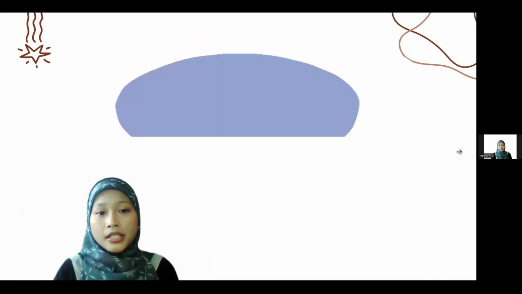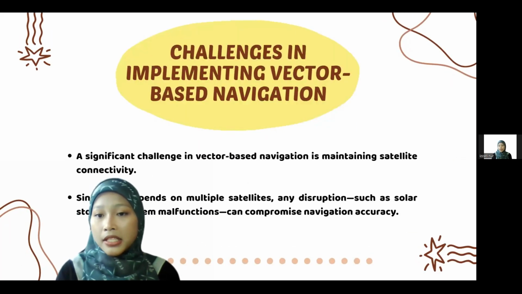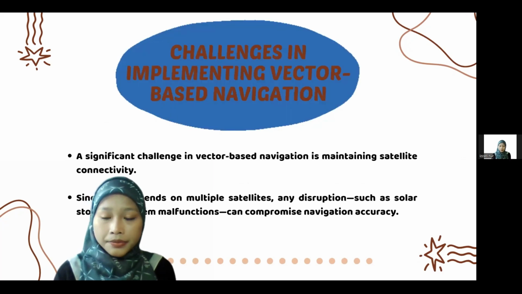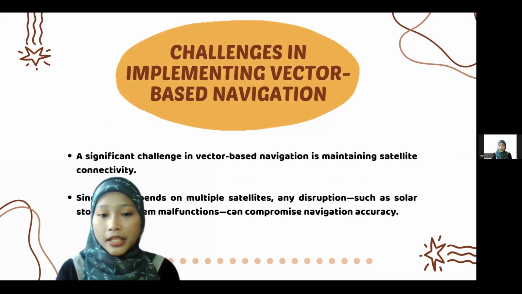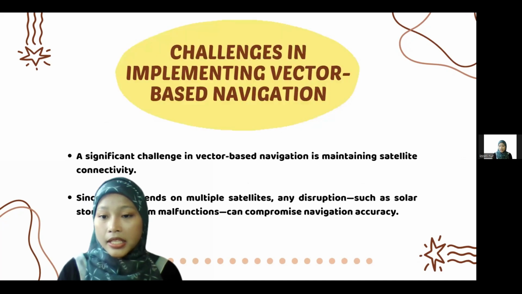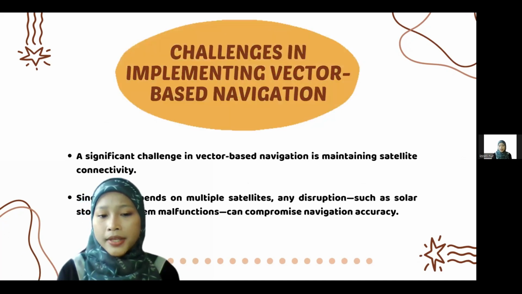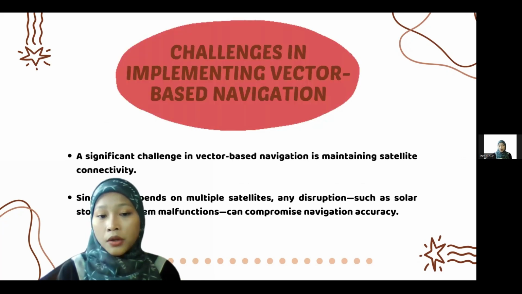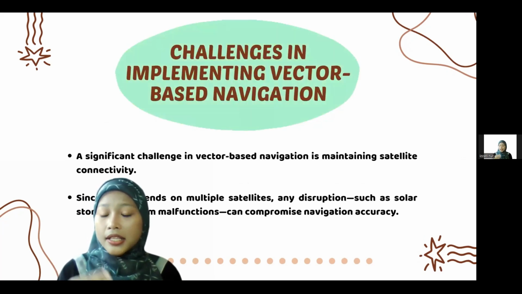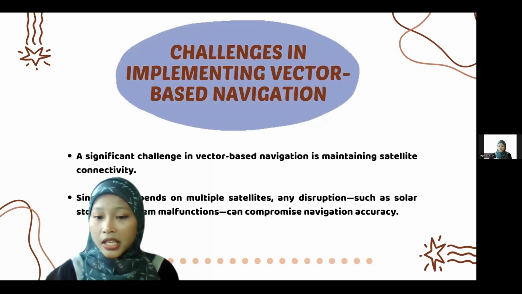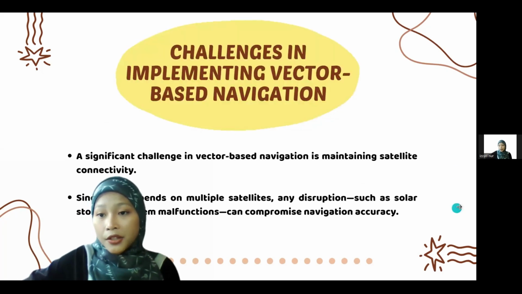Next are the challenges in implementing vector-based navigation. A significant challenge in vector-based navigation is maintaining satellite connectivity. Since we know GPS depends on multiple satellites, any disruptions such as solar storms or system malfunctions can compromise navigation accuracy.